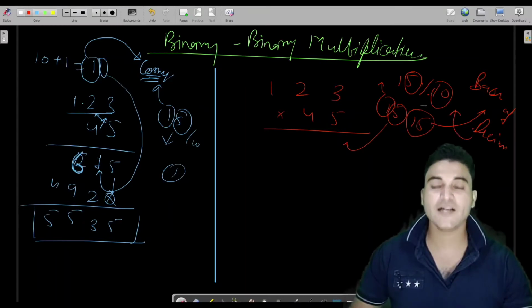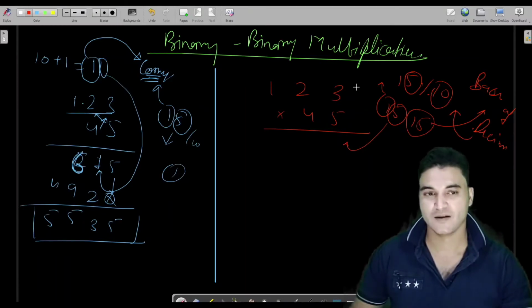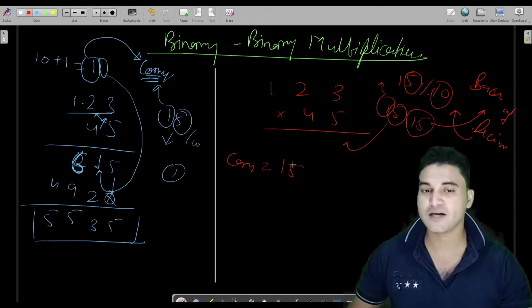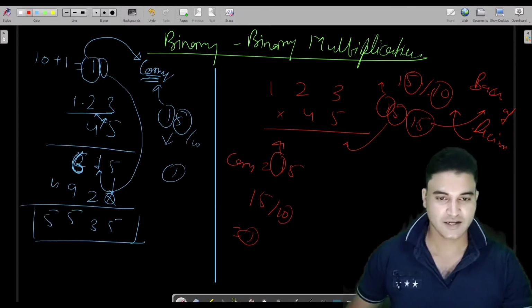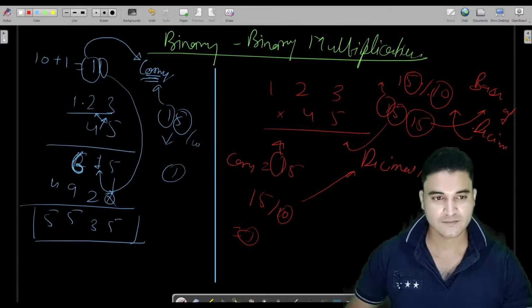Same goes for division: we used to take the carry. Let us say we have to get the carry from 15. Then what would the carry be? 1. How do you know that 1 would be the carry? You might think you were just dividing 15 by 10 and getting 1. This is not the case. Why? Let me tell you. 10 was the base for decimal numbers, and with that 10 you were dividing this number.